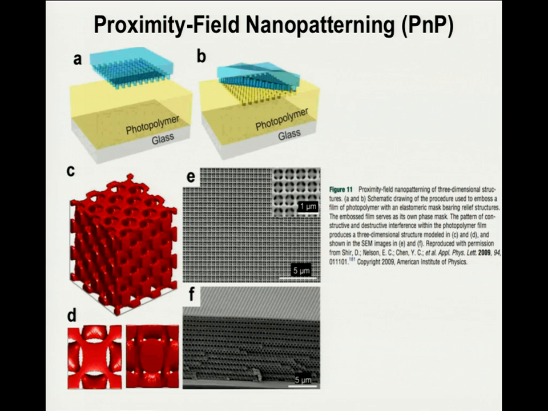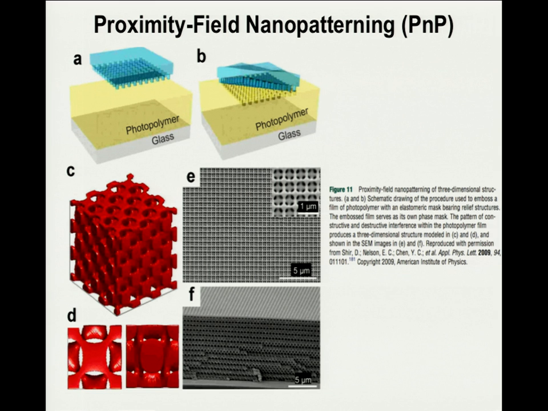You can make 3D structures, like photonic crystals. If you take a photopolymer and you emboss the top of it with this topographically patterned stamp, then do a blanket exposure, you'll get a 3-dimensional diffraction pattern throughout the bulk of the resist film, which can be calculated, and make these bicontiguous type structures. This is the cross section of what they look like, and this is actually a 3-dimensional interference pattern.